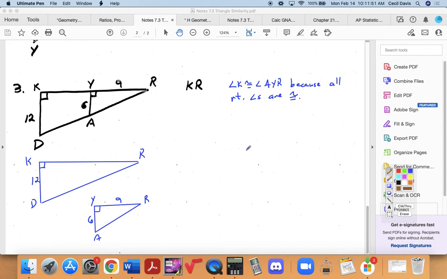And then what else do you notice about these two triangles? Yeah, they have the same angle R in both of them. This angle R and this angle R are the same angle, aren't they? So again, angle R is congruent to angle R by the reflexive property. That happens a lot when you have overlapping triangles.